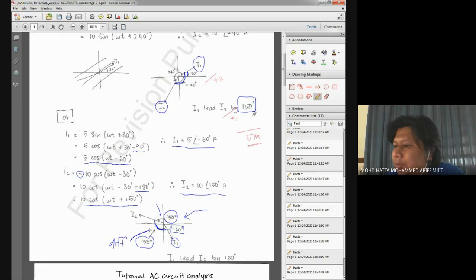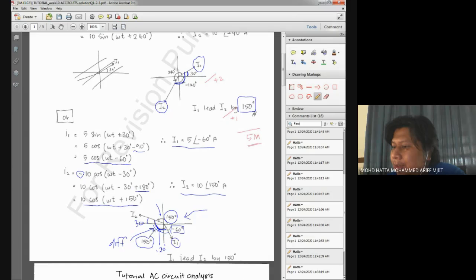Looking over here, this is about 30 degrees, and from here to here, it's about 120 degrees. So adding those two angles, we get 150 degrees as our phase difference between I1 and I2.